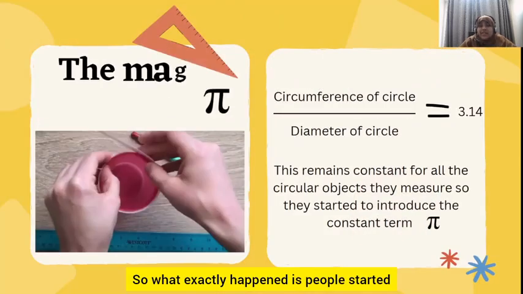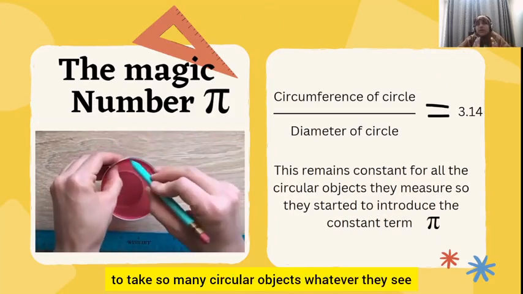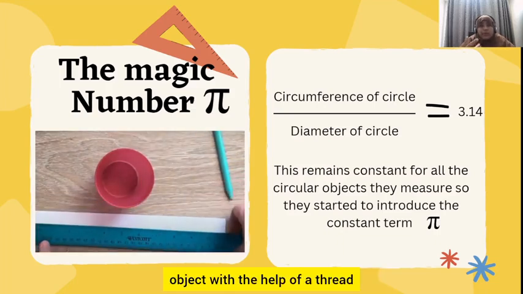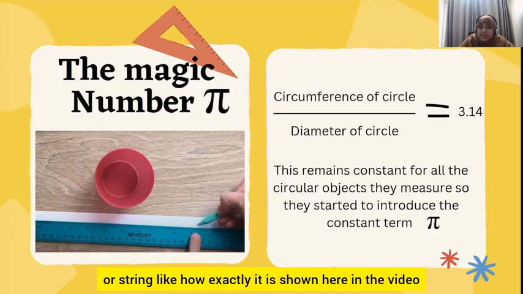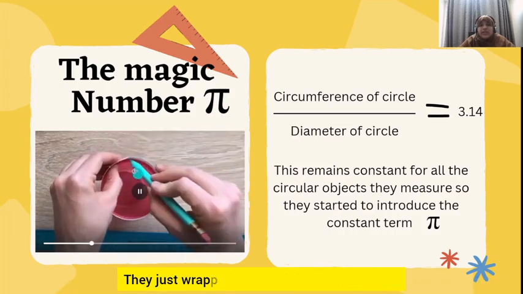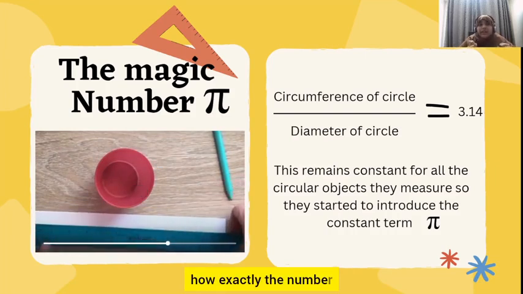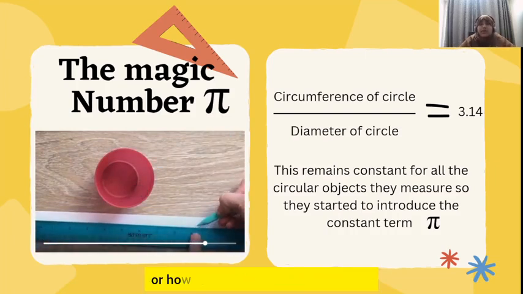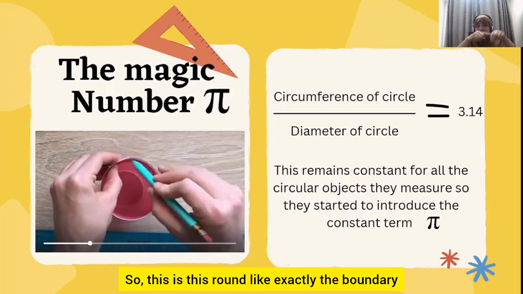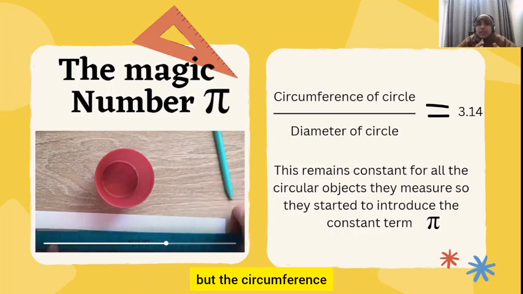So what exactly happened is people started to take many circular objects, whatever they saw, and measure them with the help of a thread or string, like how it is shown here in the video. They wrapped it around the circular object, marked it, and measured what the length was. This boundary which they are measuring is nothing but the circumference.